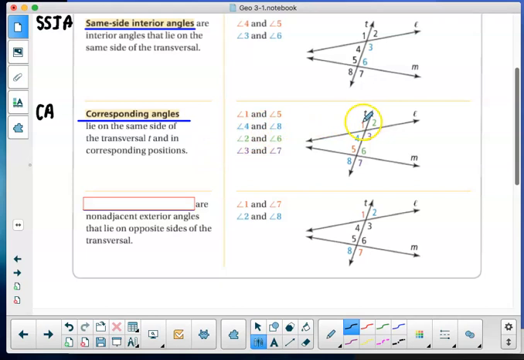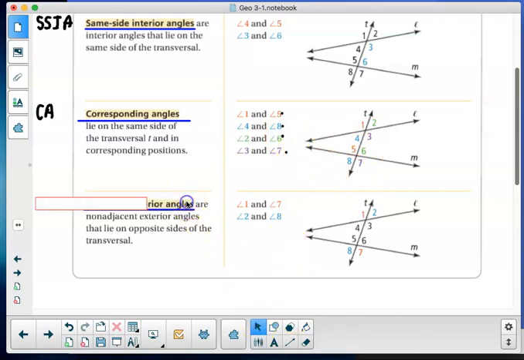So angle 1 and angle 5 are on the same side of the transversal in corresponding positions. Angle 4 and angle 8 are corresponding angle pairs. Angle 2 and angle 6 are also corresponding angle pairs, and 3 and 7 are corresponding angle pairs. So that's how we talk about our corresponding angles.